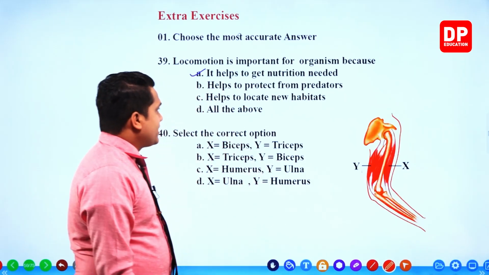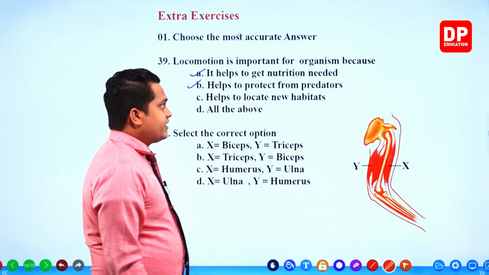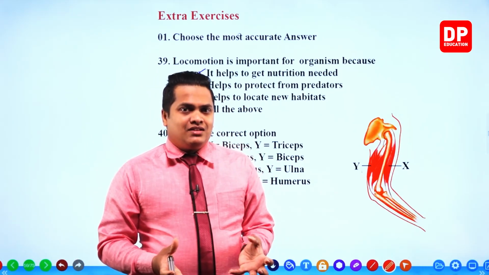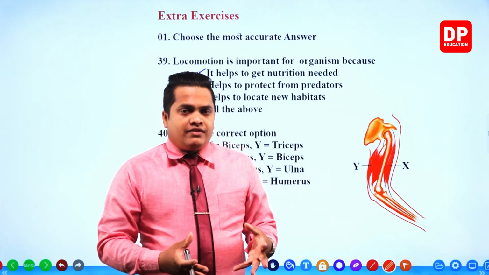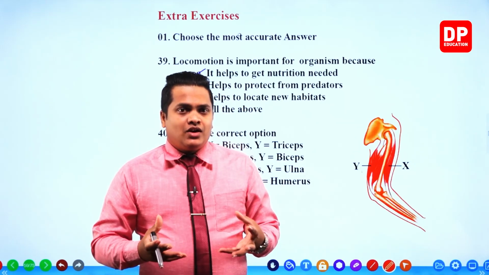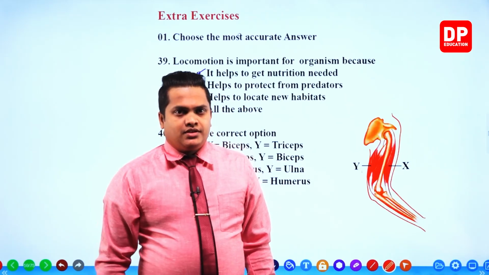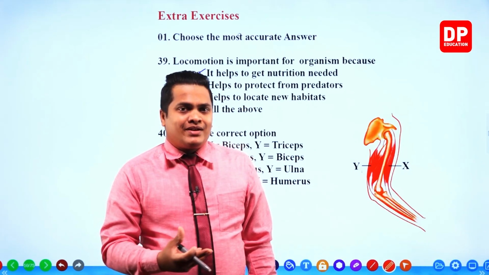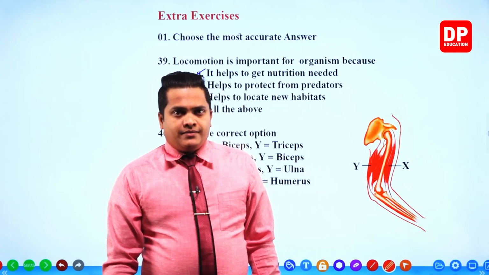Next one. Helps to protect from predators. No problem at all. It is correct. If you take an animal like a rabbit, an ox or a cow, a deer, these animals are protected from their predators because of locomotion, right?